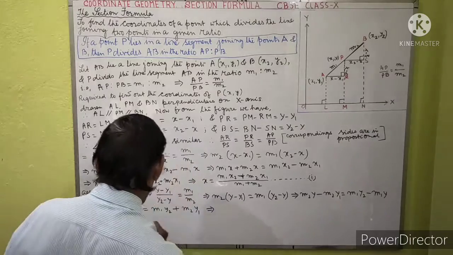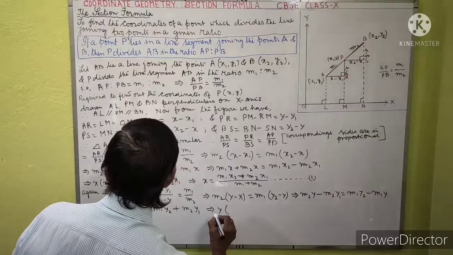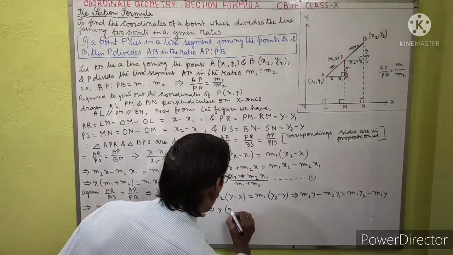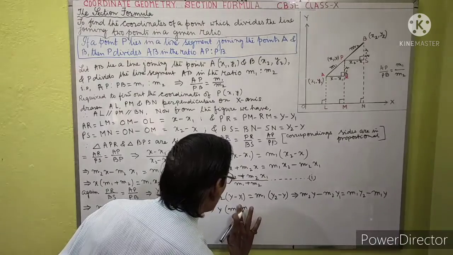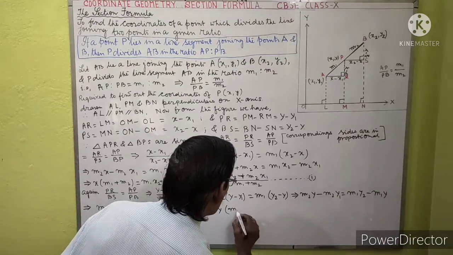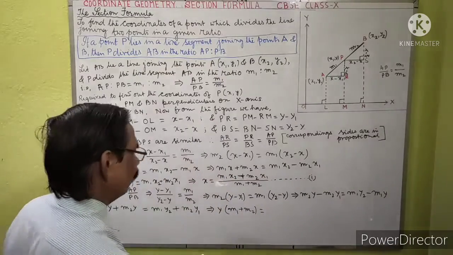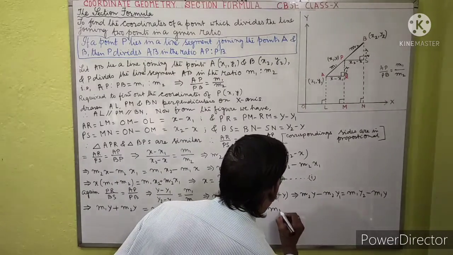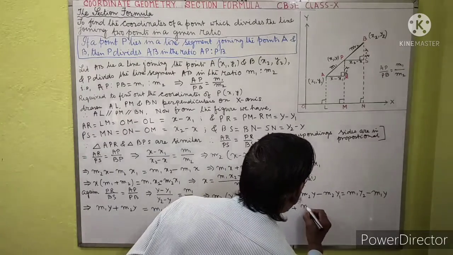Taking y common, y times (M1 plus M2) is equal to M1 y2 plus M2 y1.